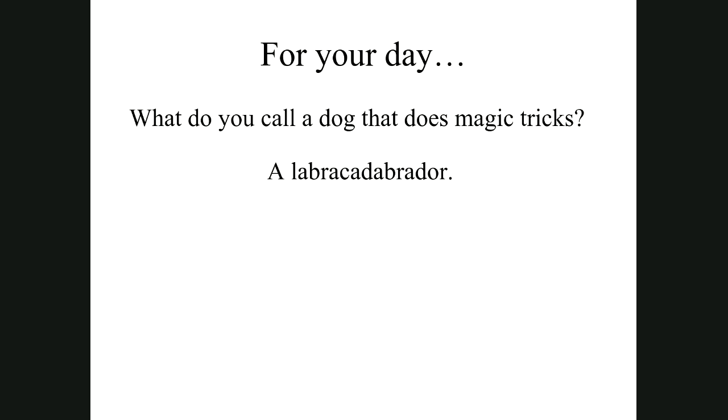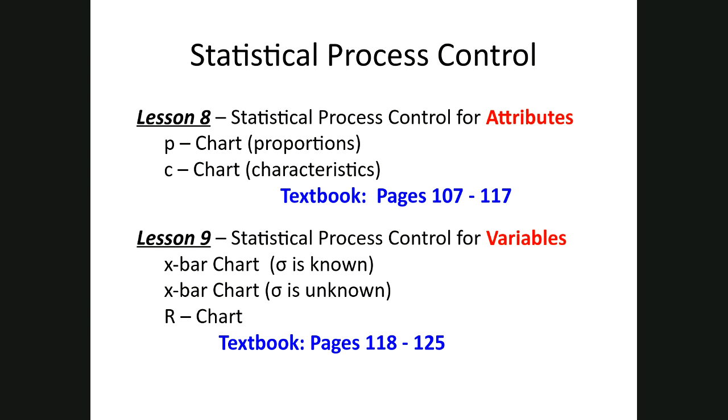In lesson 8, we're going to look at statistical process control for attributes. And attributes are akin, if you will, to a discrete probability distribution. We're going to be looking at things that are countable. And we're going to look at two different types of control charts.